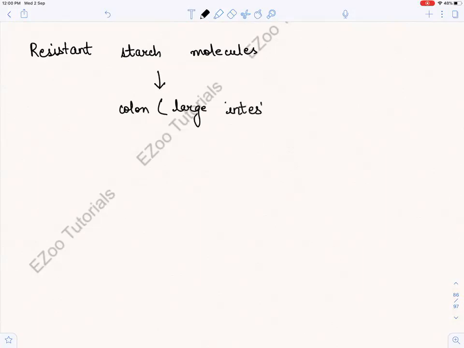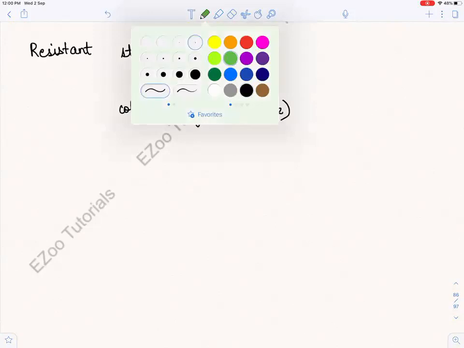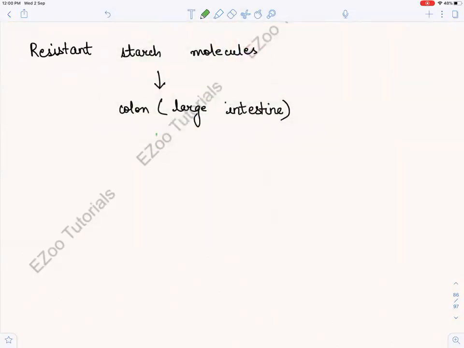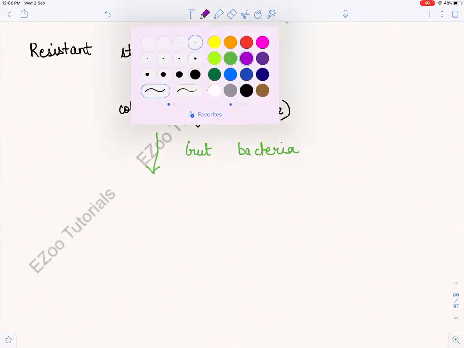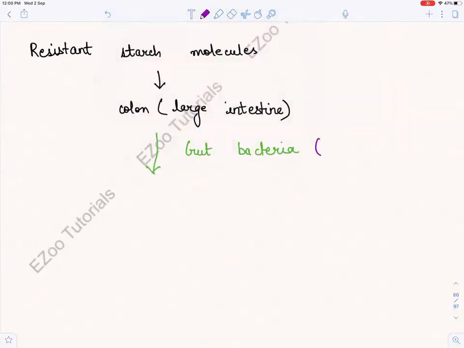And what is present in the large intestine? There are gut bacteria, right? Can you name a few gut bacteria? We learn about all these gut bacteria even when we're small. So E. coli, or one more, Streptococcus, Bacillus.